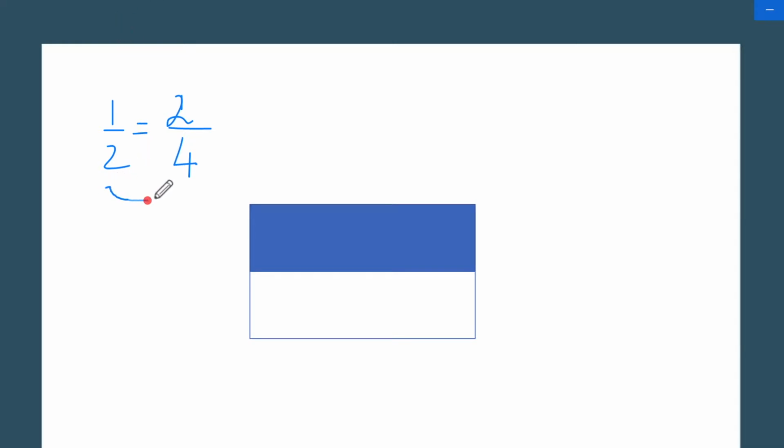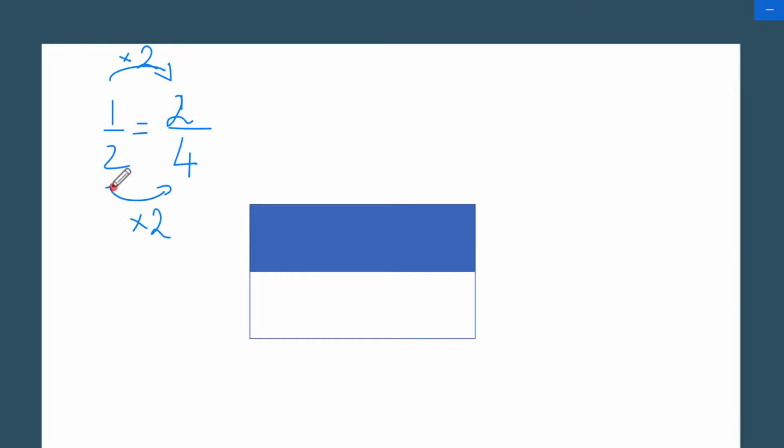Okay, and here, how do you find the amount? You look at 2, you look at 4, and you say, how much do I multiply the 2 in order to get 4? And that would be another 2. And here you have 1 multiplied by what gives you 2? 1 multiplied by 2.